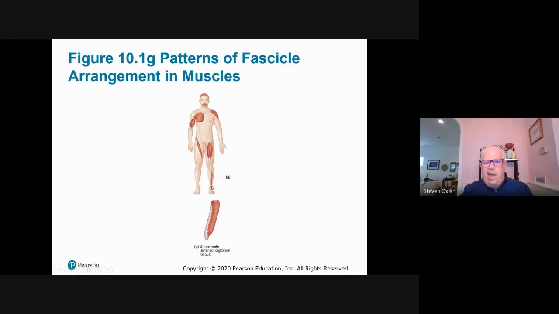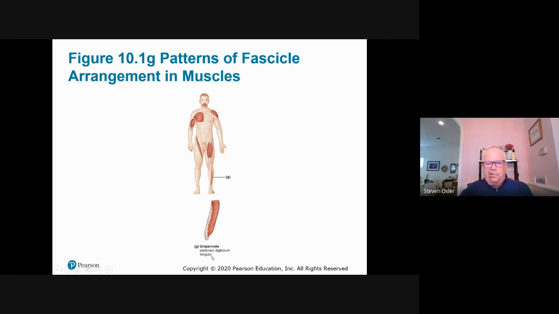And then you also have another flag-like muscle, the extensor digitorum longus. And let's focus on these words. Extensor means it extends. Digitorum, your digits, your fingers, and it's a long muscle.